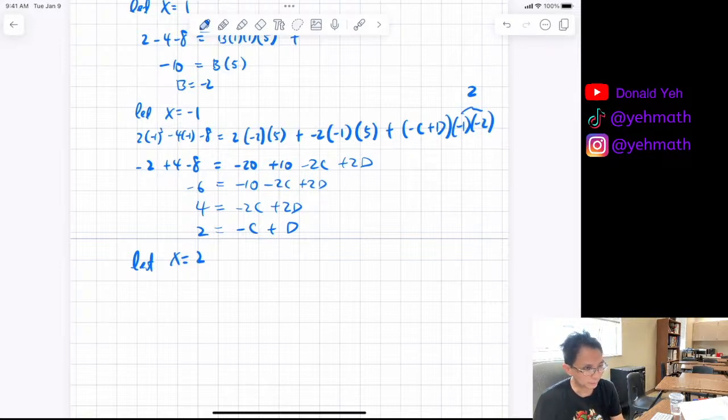I got negative 8 over 2. So you got A equal to 2, B is equal to negative 2, C is equal to 2, and D is equal to 4. Oh my god. So we'll figure it out.